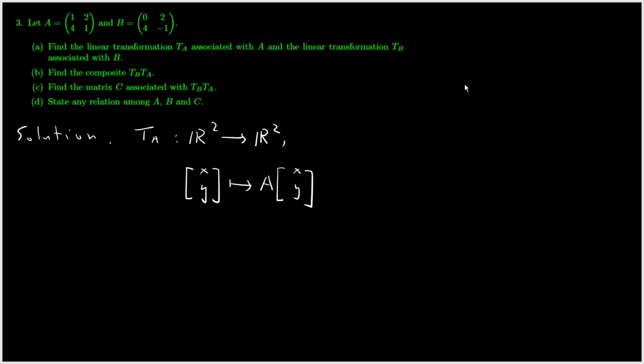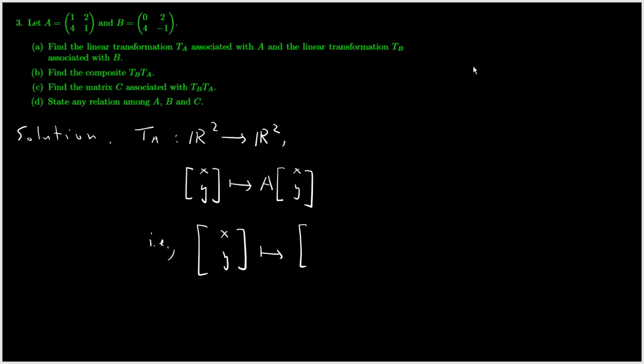You treat this as the product of matrix A and the column xy. Each vector xy in R2 is mapped to that. You multiply A and xy.